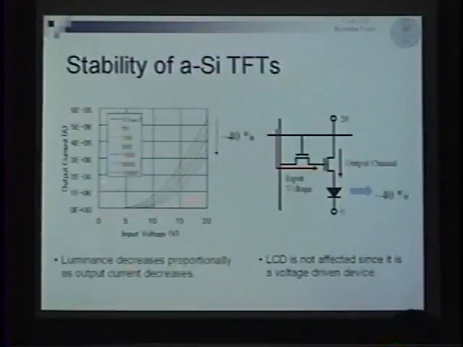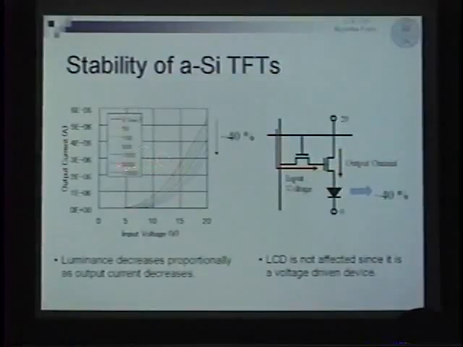This is a result showing that instability. The horizontal axis is the input voltage, which in this configuration is the gate voltage of the driving TFT here. And the vertical axis shows the output current, the drain current of this transistor.